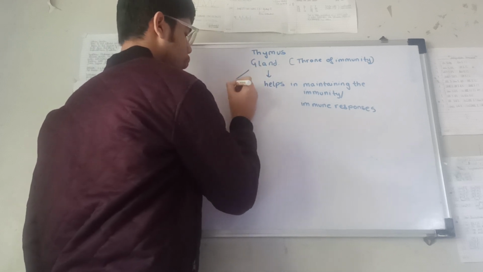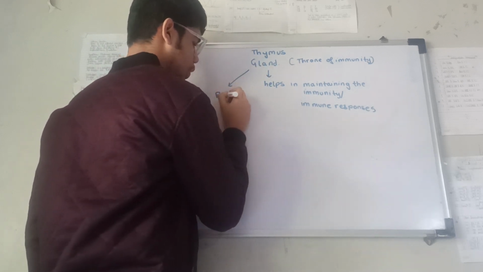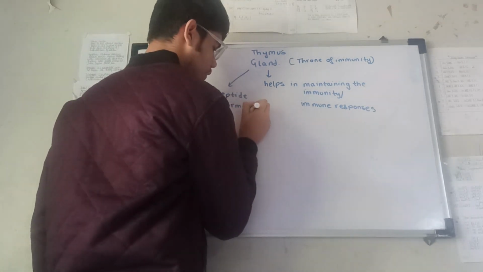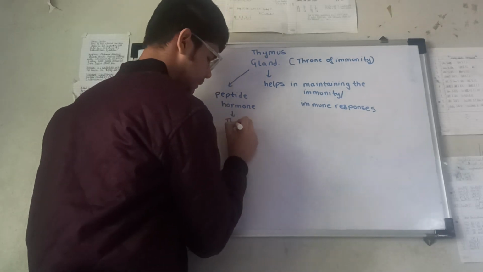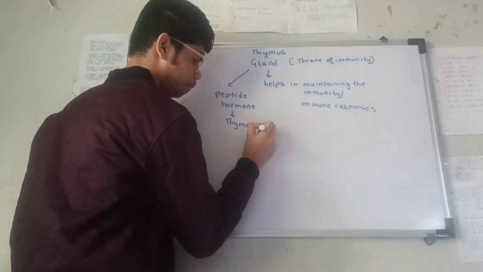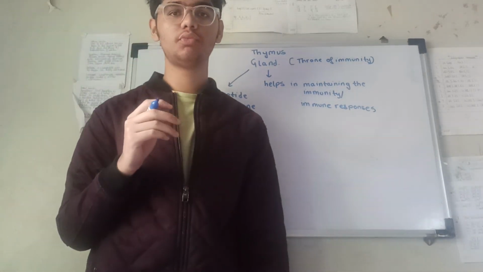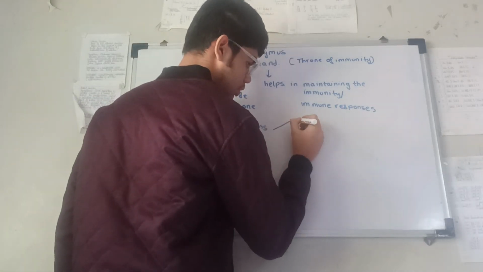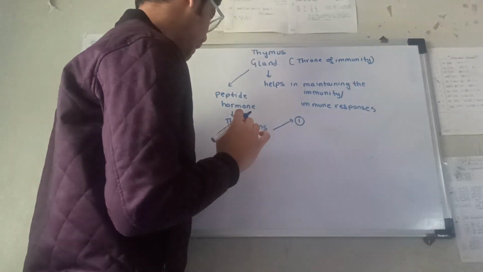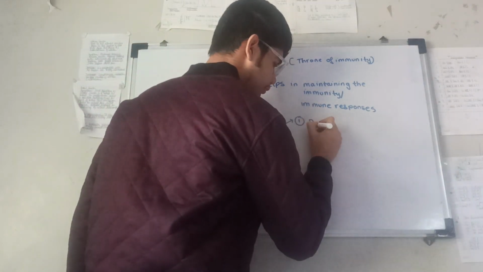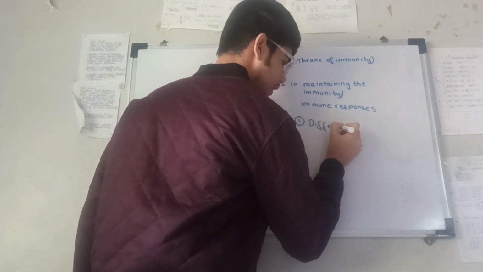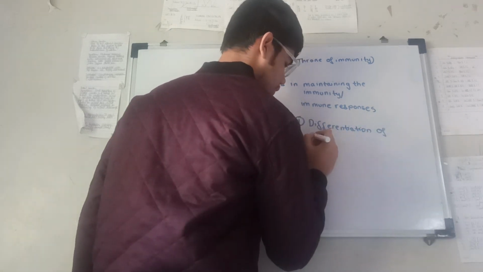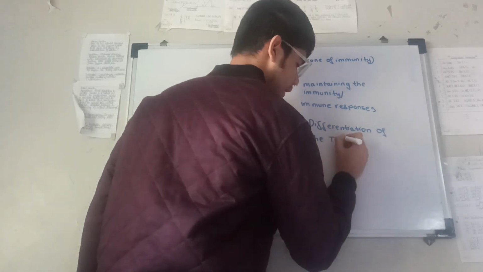It releases a peptide hormone, the name of which is thymosins. So what is the function of these thymosins that we will study? The function of thymosins is differentiation of the T lymphocytes.